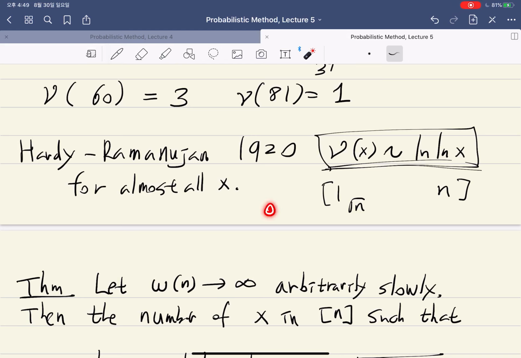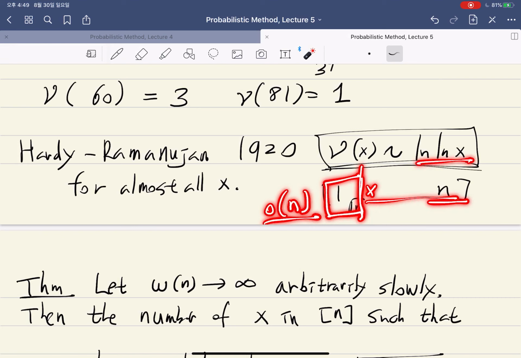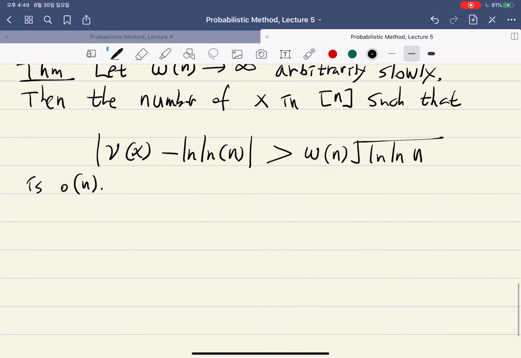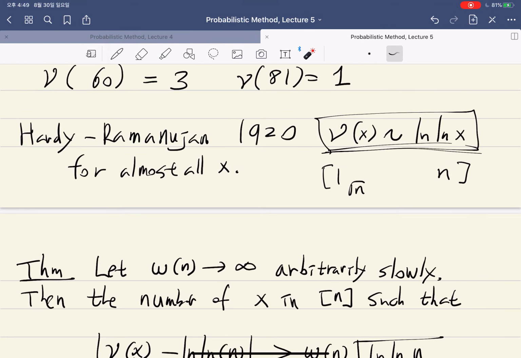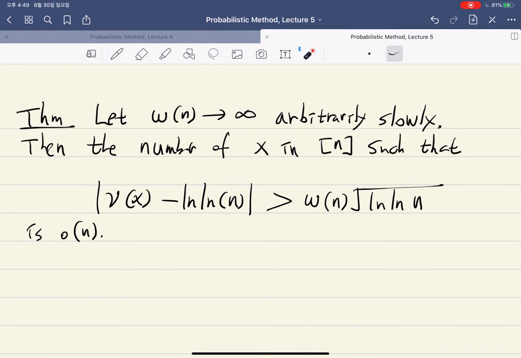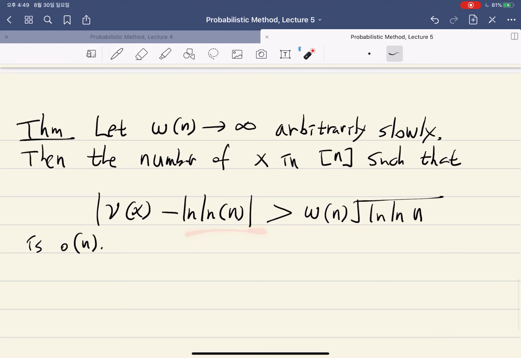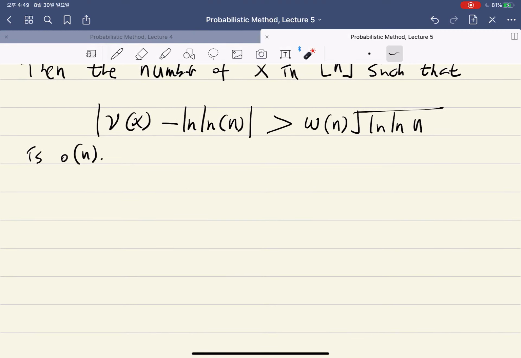That's just a small fraction, little o of n, so you forget it. But for all the x above it, log x and log n are almost the same. The difference between the two is just a negligible constant. So log x and log n are essentially the same for any number between these two, and this statement and the one with log x are not really different.